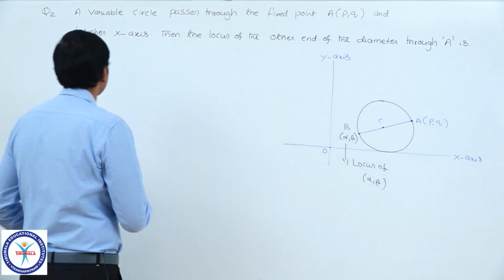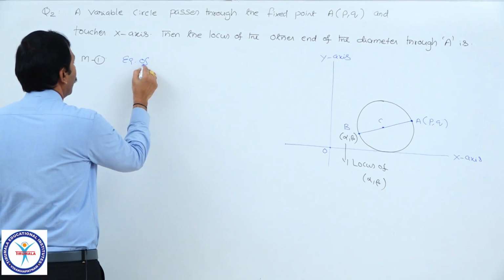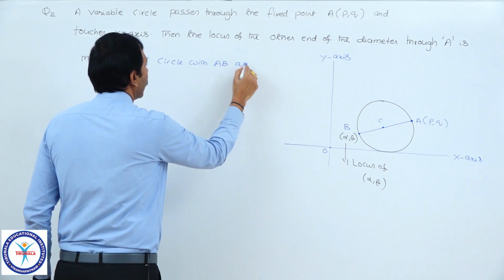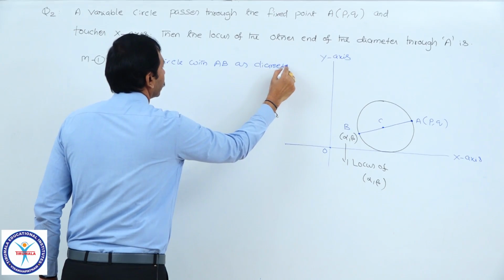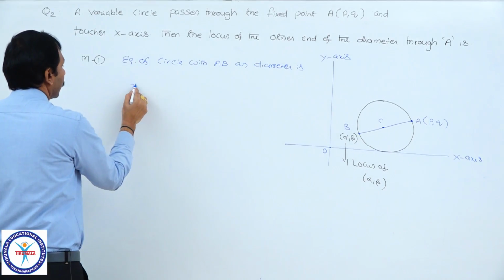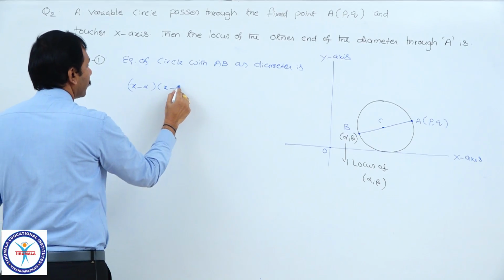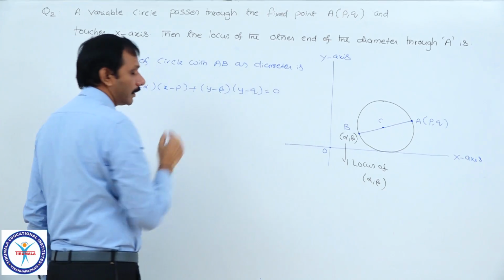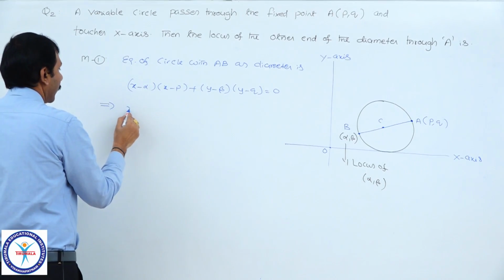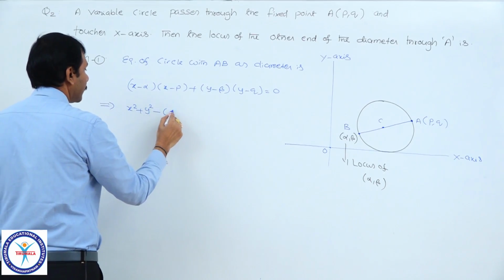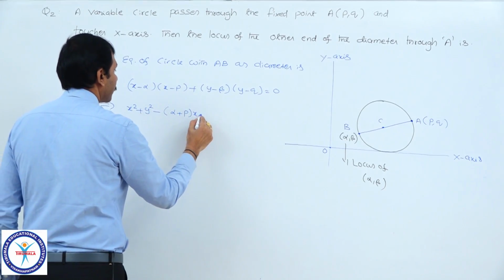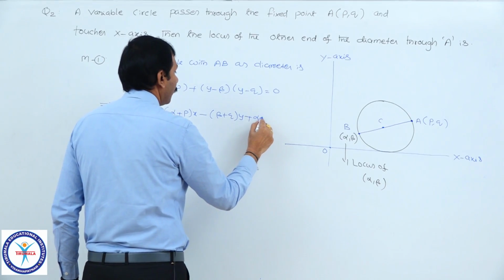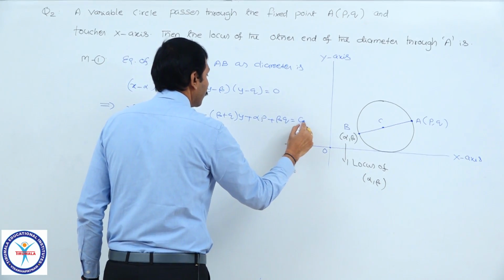Therefore, the equation of the circle with AB as diameter is x minus alpha into x minus p plus y minus beta into y minus q equal to 0, or x square plus y square minus of alpha plus p into x minus of beta plus q into y plus alpha p plus beta q equal to 0.